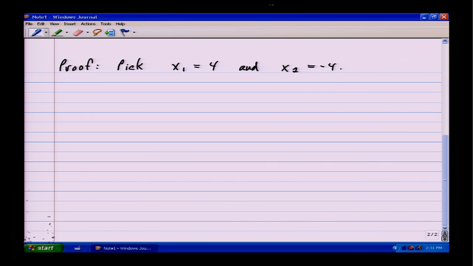And if I can show that I get the same y value when I plug both of these into the function, then that's all I need to prove that the function is not one-to-one.